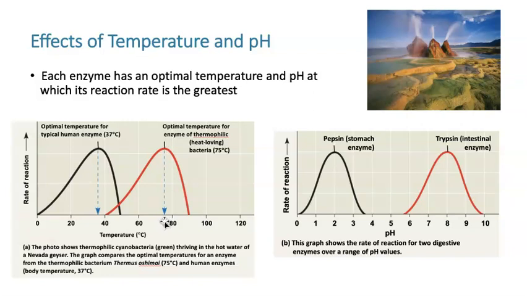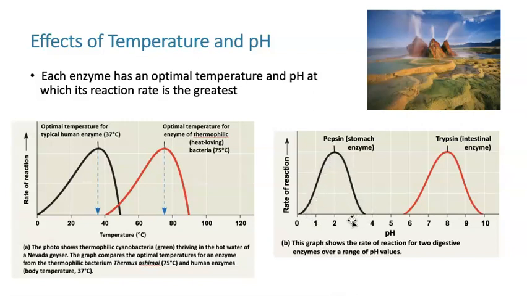Now for humans, our body temperature is about 37 degrees C, and the enzyme shown by this black curve is a typical enzyme found in your body, and its best rate is right around body temperature. So you can't really say that there's one ideal temperature or one ideal pH, and we'll talk about the pH one in a second, but all enzymes do specialize. For example, here for pH, this is pepsin, which is a stomach enzyme.